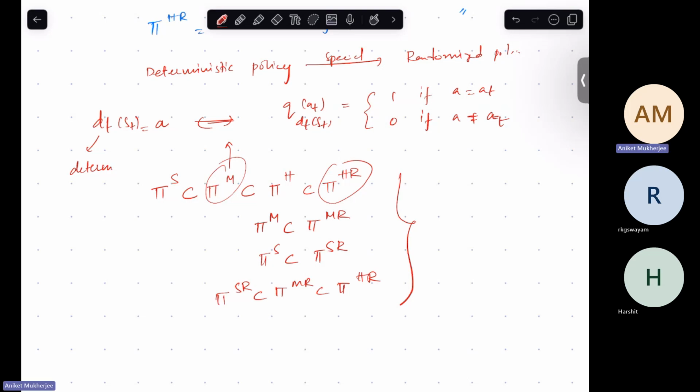If the optimal in both sets is the same, then you don't need to search pi HR, which is a bigger set. You can just search in Markov policies and say that it is optimal in all. Because we want to make those claims, it's better to know what types of policies I am searching in, and what types of policies are bigger than the policies that I'm searching in.